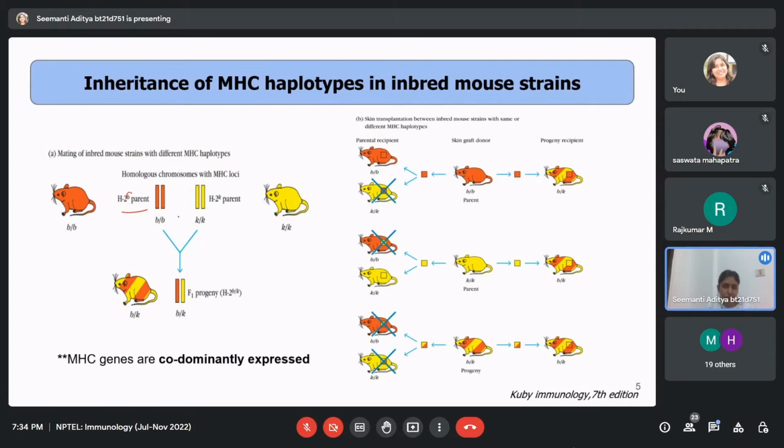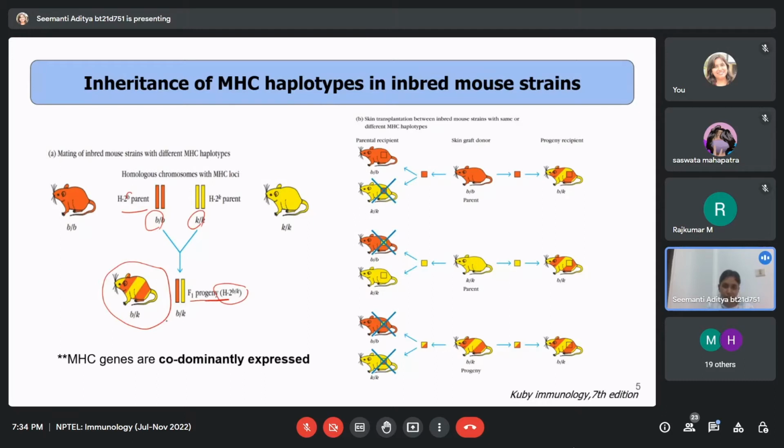If you mate these two mice, then the F1 progeny will express both types of MHC molecules. B is one haplotype, K is one haplotype, and it will express both B and K in the F1 progeny. So here the nomenclature is H2B/K.